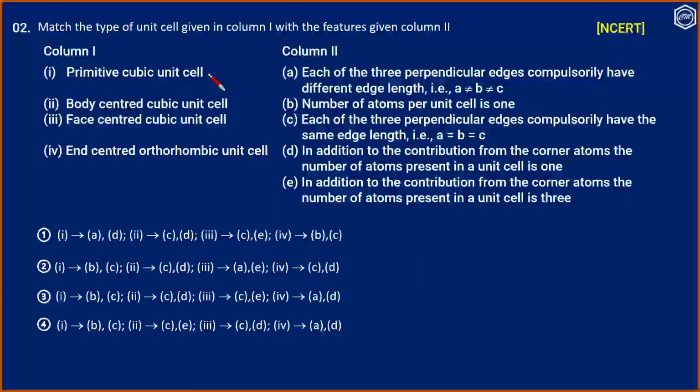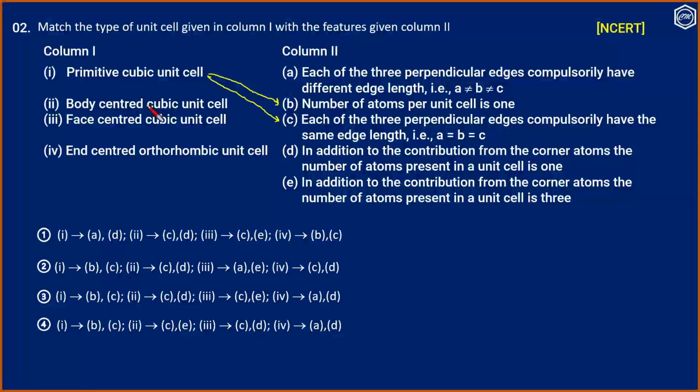In a primitive unit cell, lattice points are present only at corners. One more option in column 2 could be connected to this: each of the 3 perpendicular edges compulsorily has the same edge length. Since it is cubic, a is equal to b is equal to c. So 1 corresponds to C also.